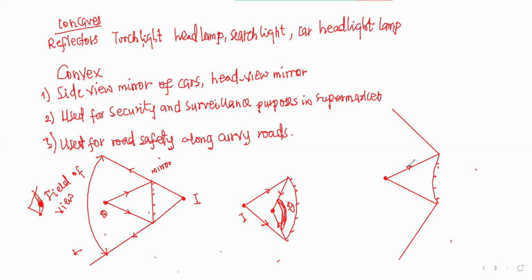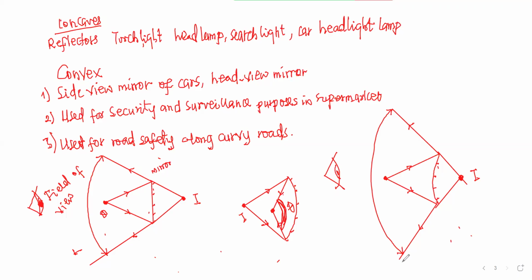So incident, reflected, and an observer here sees this image formed within this range. Of course, this becomes the image. So an observer here will see this image within this range.